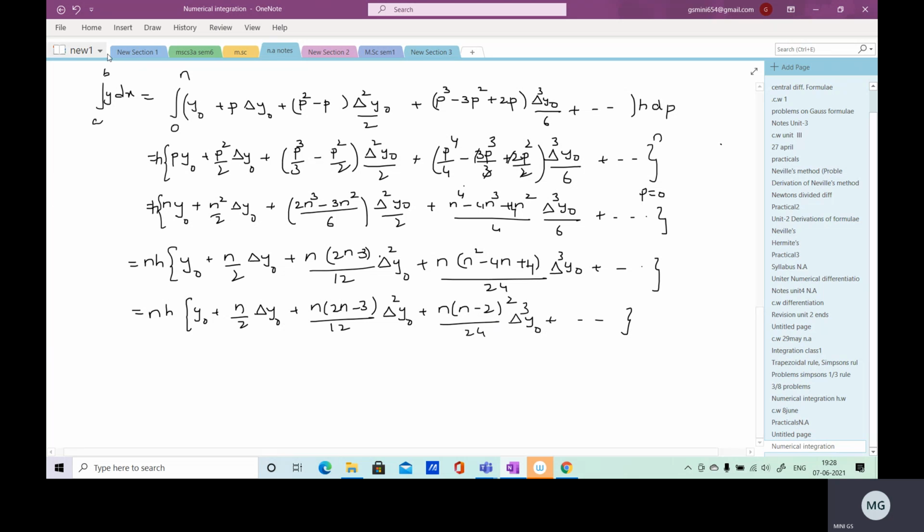So let me write it. General formula for integration, you call it as quadrature formula also.